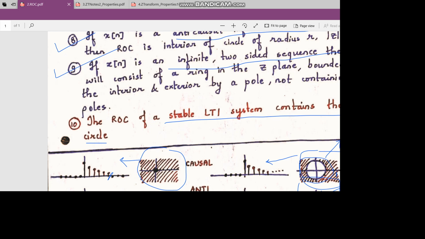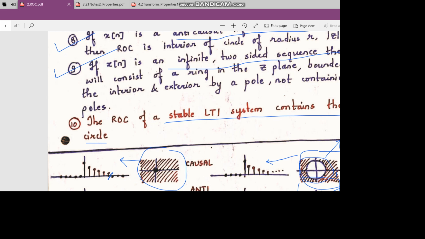So just by looking at the ROC diagram of a system, we can tell about the system stability. This is a very important thing. You have to find out where the unit circle is, whether it is lying inside the ROC or outside the ROC.